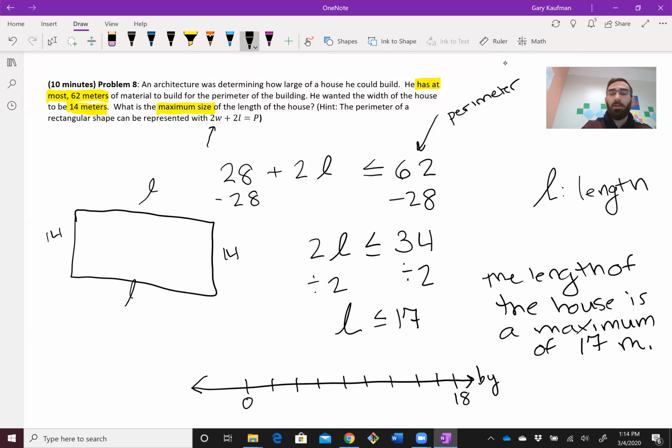I'm just going to let the reader know that I'm going by 2s. So therefore, 17 is right there. Closed circle. And I keep going. Can I have a length of 0? That doesn't make sense. So an open circle. And these are the 8 questions.